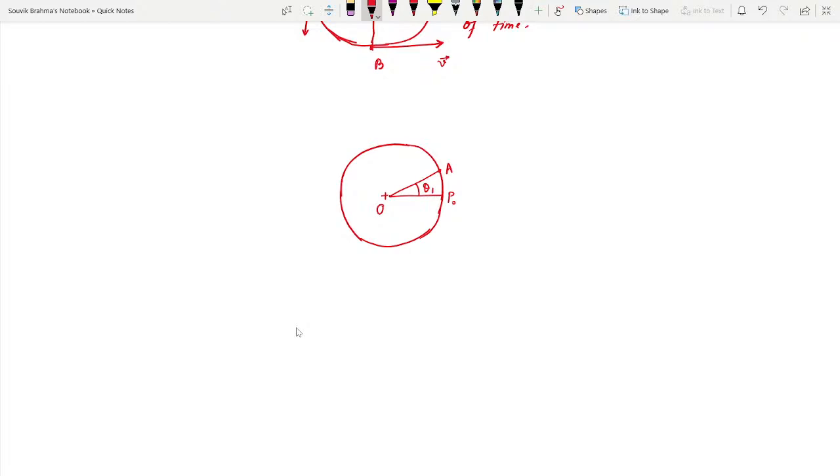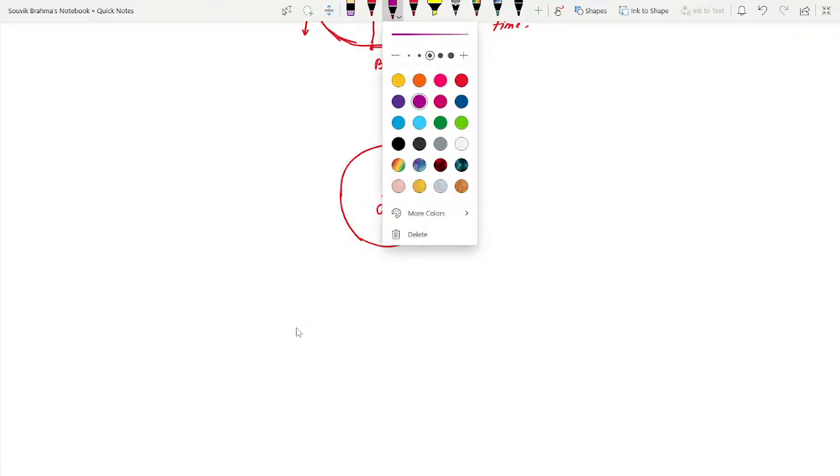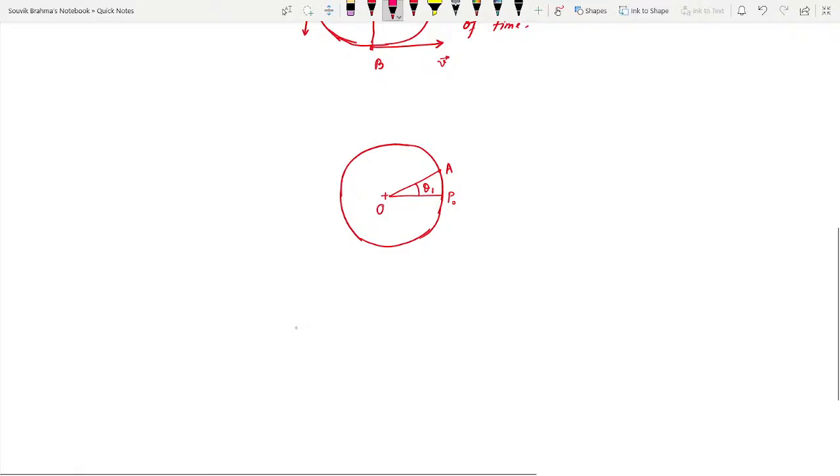Now let's suppose another position on the same path. What do you understand by another position? Another position means on the same circle. I denote it with the green point.